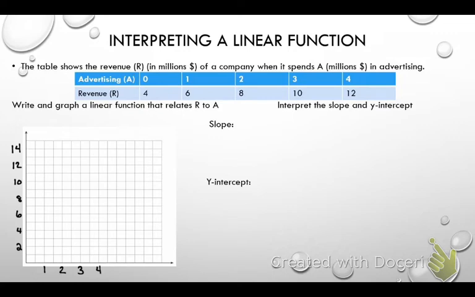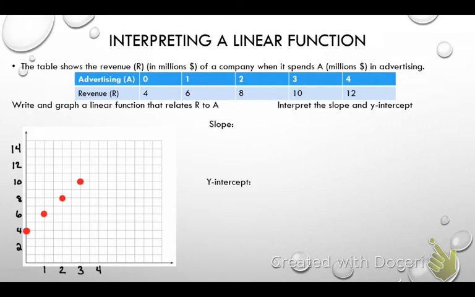So I just plot a point at 0, up 4. My next one was 1, 6. My next one was what? Tell me. 2, 8. And then what? 3, 10. And then what? Oh, hold on. I gotta skip them. All right, sorry. 2, 6.